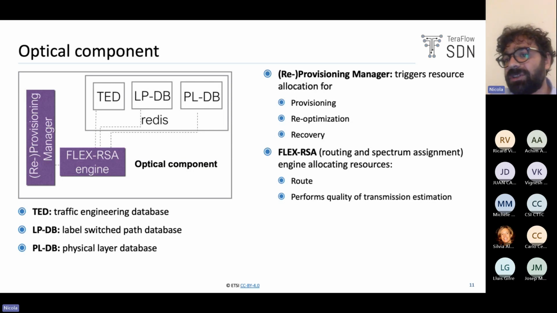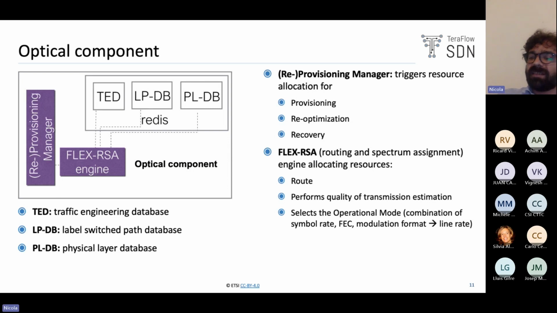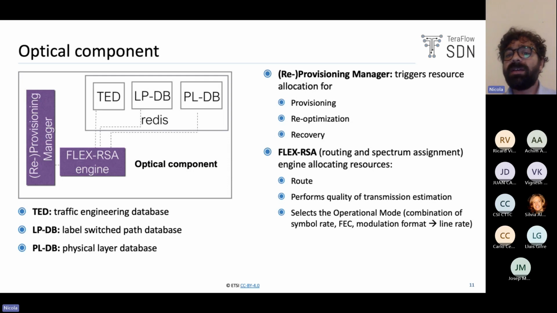According to the quality of transmission estimation, which can return a figure of merit like the generalized signal-to-noise ratio, at this point we are able to decide which is the supported modulation format. Or in the case we are considering an OpenConfig data model, we are able to select a proper operational mode. The operational mode is a specific combination of modulation format, symbol rate, and forward error correction, which finally drives a given line rate.